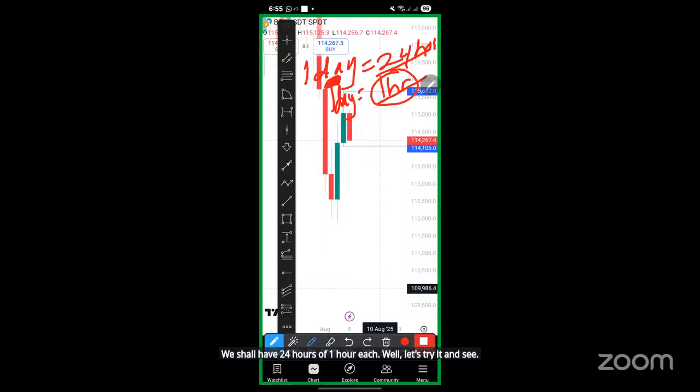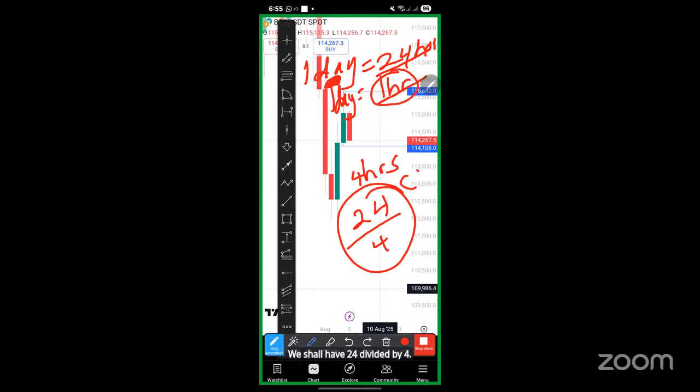Now, what if we take this to 4 hours? What will happen? It means we shall have 24 divided by 4, and these will be candles.